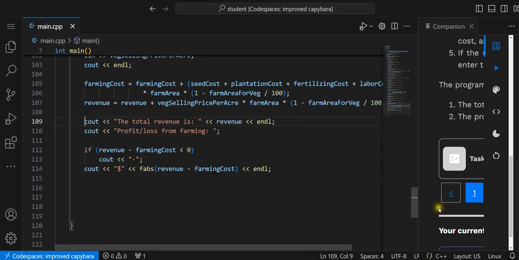So let you look at that for a few so you get caught up. So if revenue minus farming costs is less than 0, it's a loss, with a dollar sign. Then it's revenue minus farming costs. Yep, and that's all we need. So let's go ahead and get this up here.